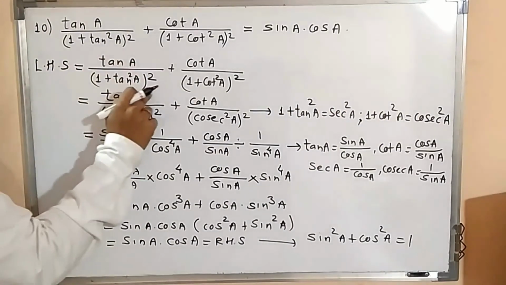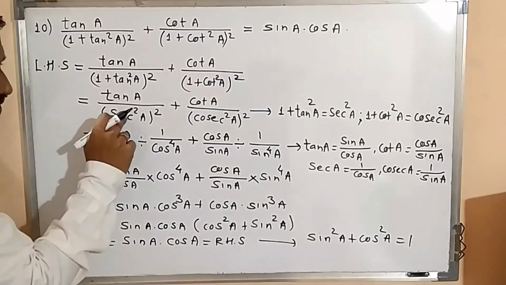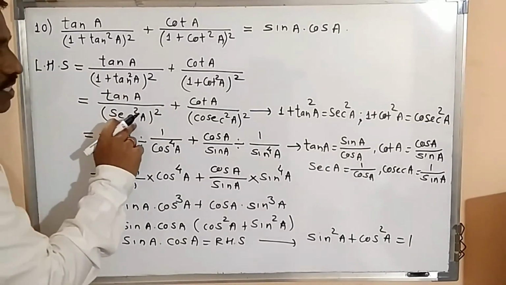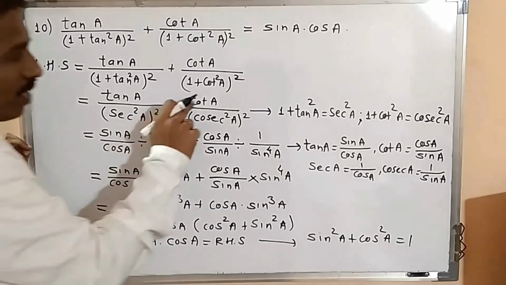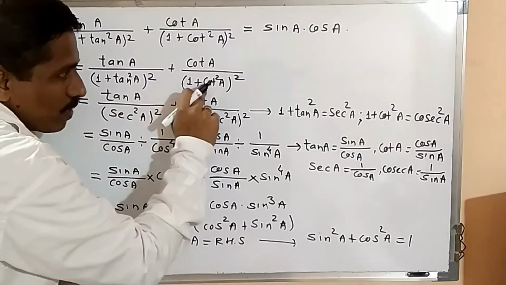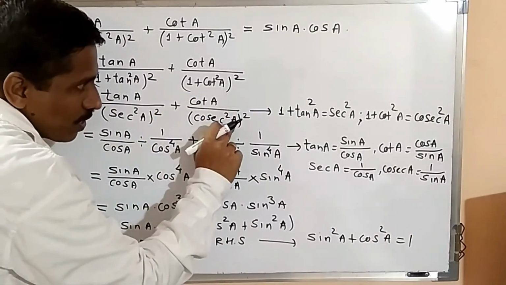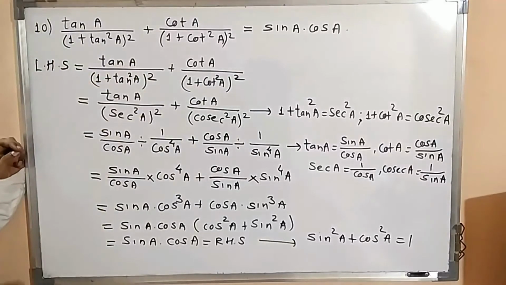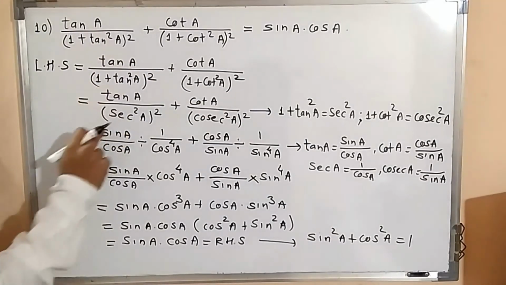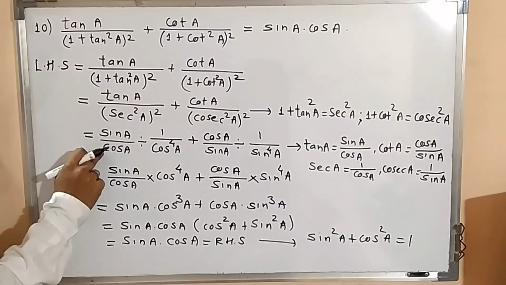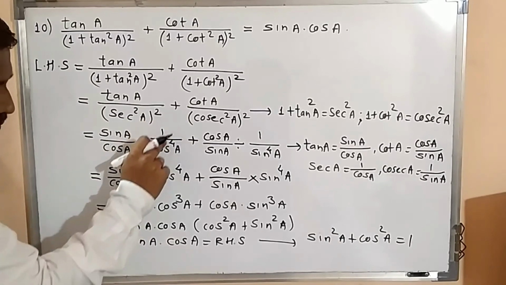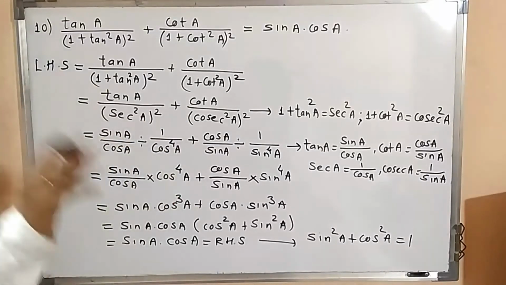Tan A is in the numerator, the denominator is sec square A the whole square, that is nothing but sec raised to 4A. Cot A upon 1 plus cot square A, which is cosec square A the whole square, will become cosec raised to 4A. So for tan A, I will substitute sin A upon cos A, and sec raised to 4A I will write as 1 upon cos raised to 4A.